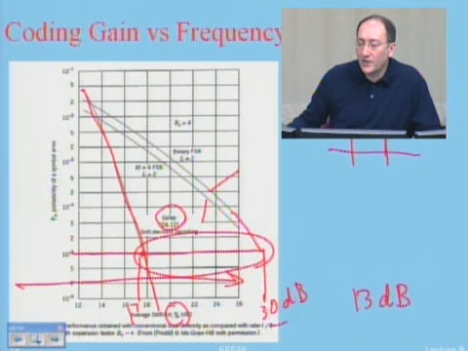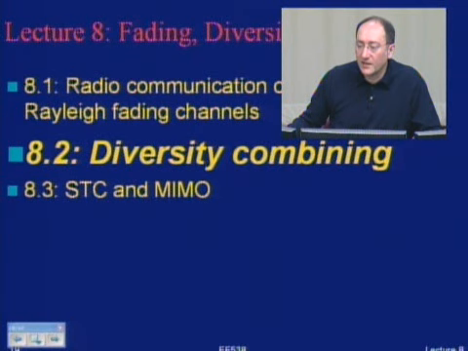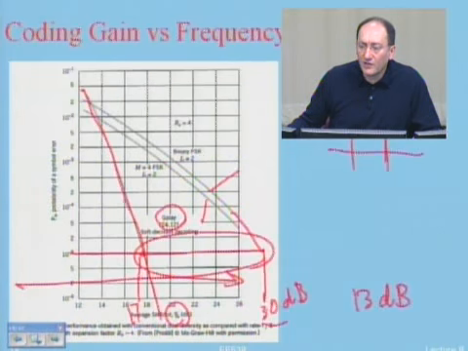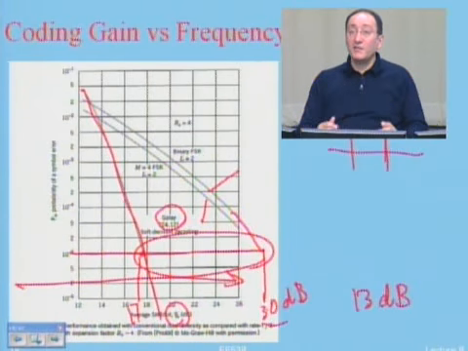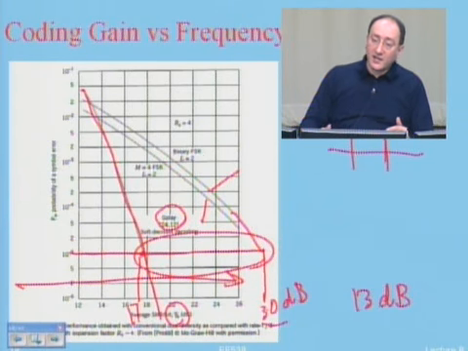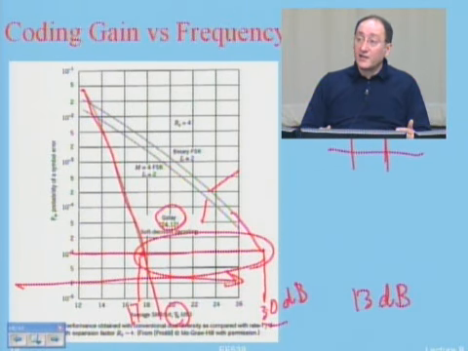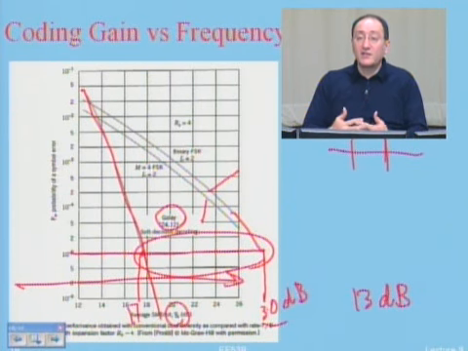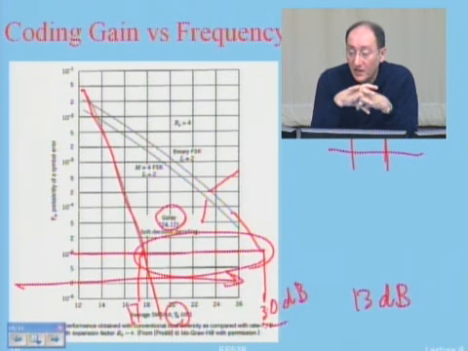Now, up to now I talked about two important things. One was fading by itself, and the other one was coding. The third part is diversity. Actually, coding provides a sort of diversity to the channel. I will talk about that in the next part of the lecture.